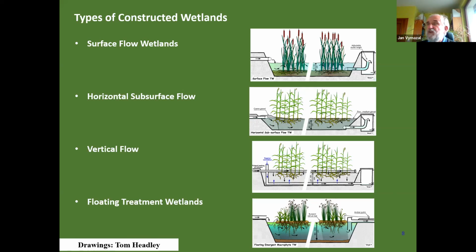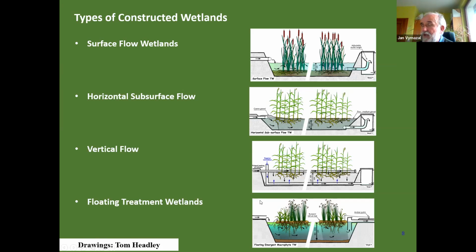It means that the filtration bed is empty for a certain period of time, which allows for air and oxygen diffusion into the filtration bed. And this system is predominantly aerobic, while horizontal subsurface flow systems, because they are all the time submerged, are usually anoxic or sometimes even anaerobic.